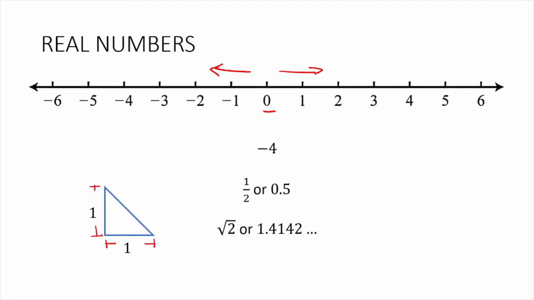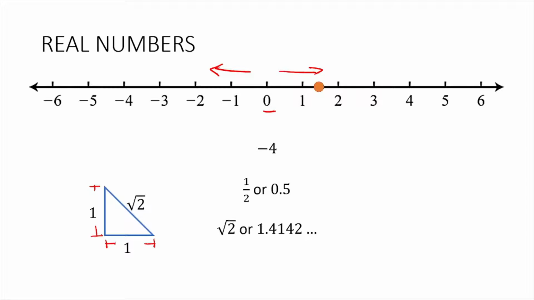So according to the Pythagorean theorem, the length of the longest side is the square root of the sum of the squares of the other two sides. Okay, so that would be square root of 1 squared plus 1 squared, or square root of 2, right? And since this triangle exists, then square root of 2 also exists, right? Therefore, it's a real number. So it's roughly this point here. Okay.